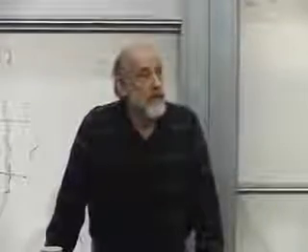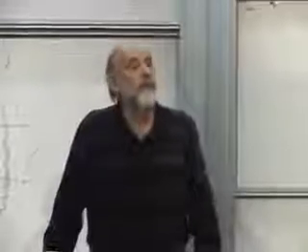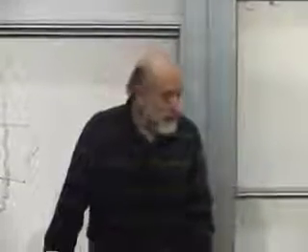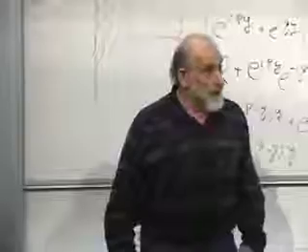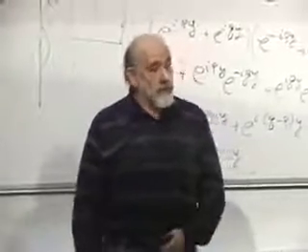Yes? How does this compare to the interference of light? Well, the interference of light is a special case. Light consists of a large number of photons. Photons are particles. They satisfy the same rules as electrons.